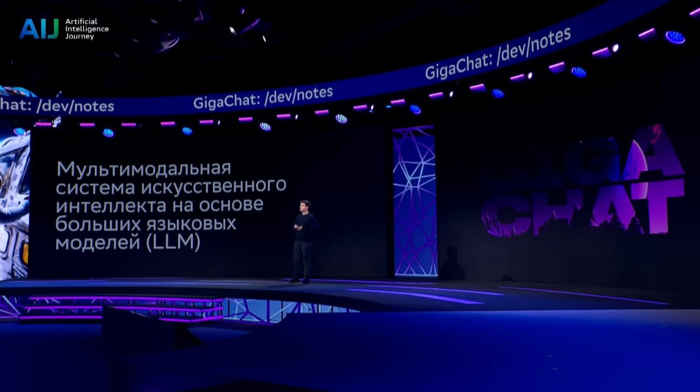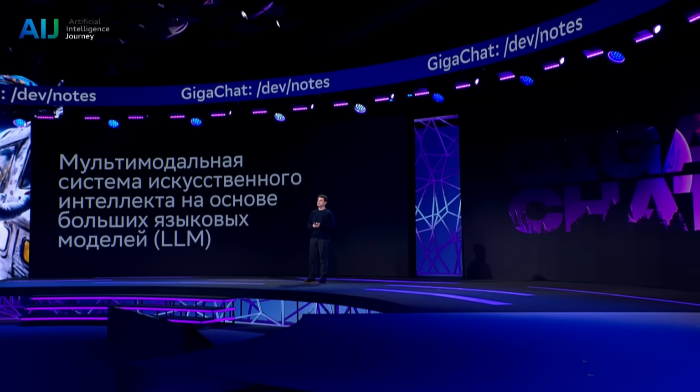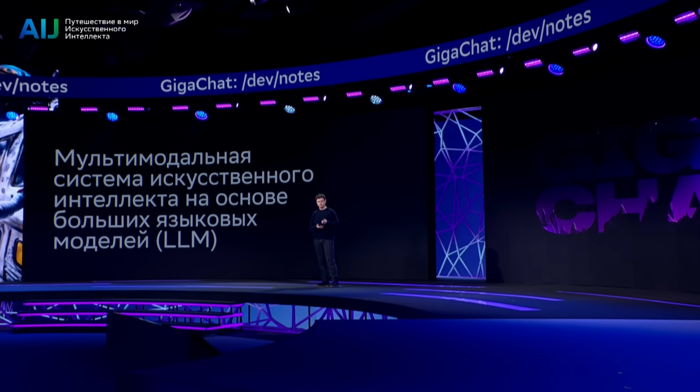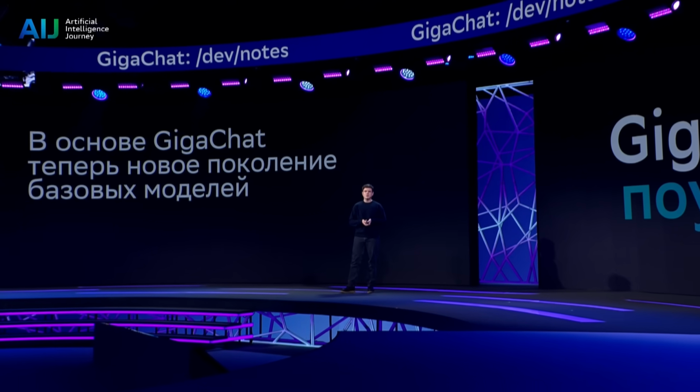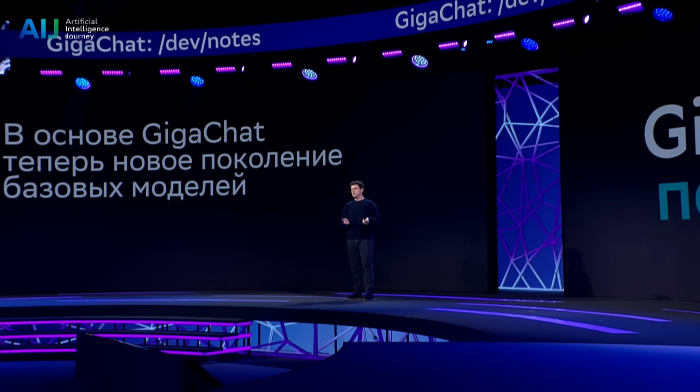In terms of multimodality, it can draw pictures, and my colleagues will say how it goes about it, and we use the service to make great pictures. It also can use a search context to make sure that your search results are as accurate as possible. Now, what I wanted to talk about today is the update of GigaChat.